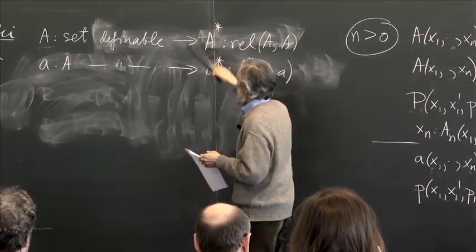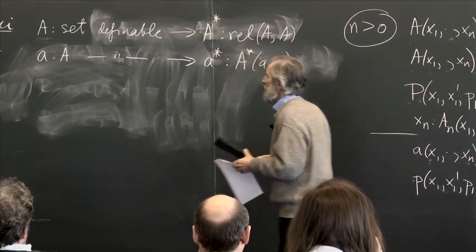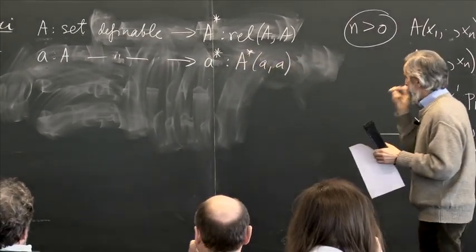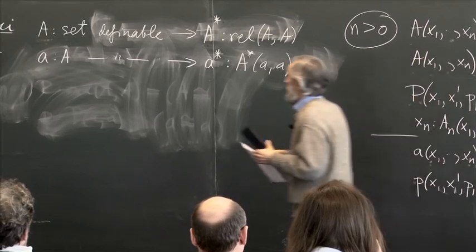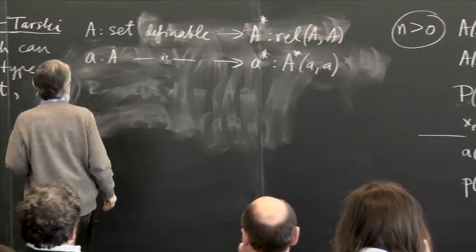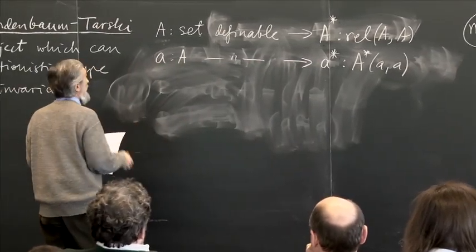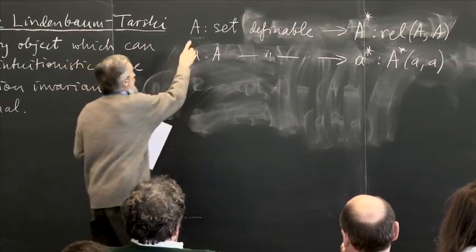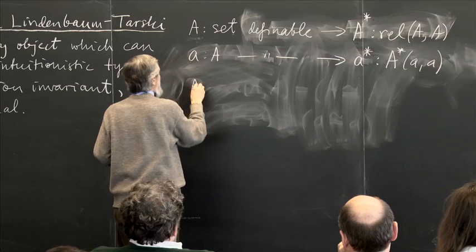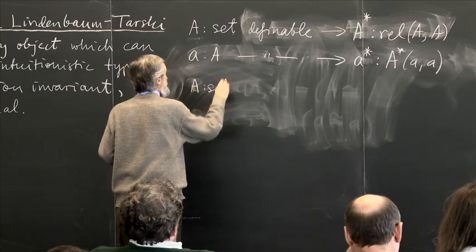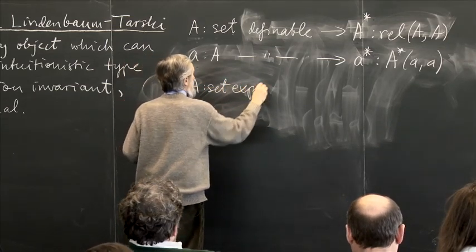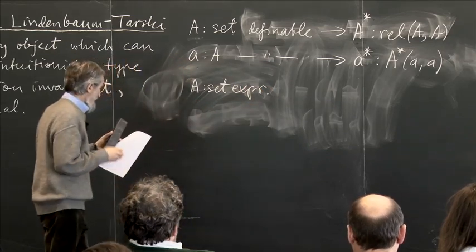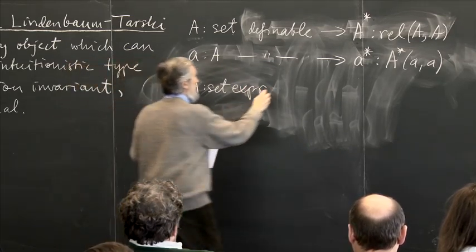Although this is a good enough way of expressing it for most purposes, if we are more pedantic, we should rather say that what goes on here is a model construction where we associate with each set expression of the language two things.